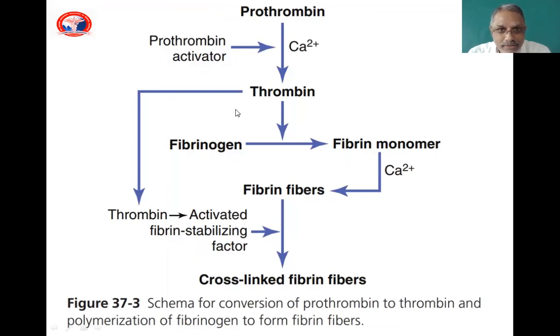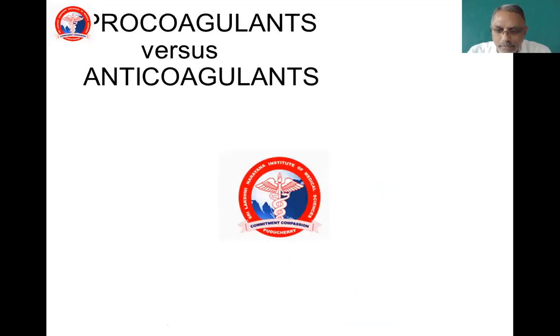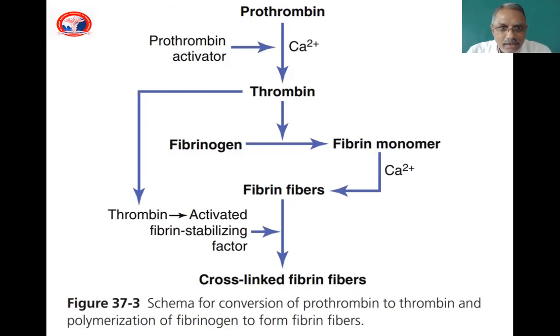Prothrombinase converts prothrombin to thrombin, and thrombin converts fibrinogen to fibrin fibers. Thrombin also activates fibrin stabilizing factor, and the activated fibrin stabilizing factor causes cross-linking of fibrin fibers.